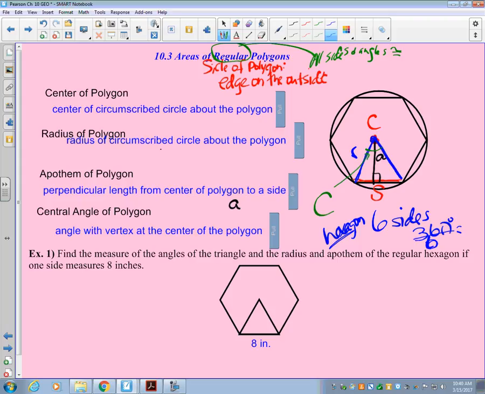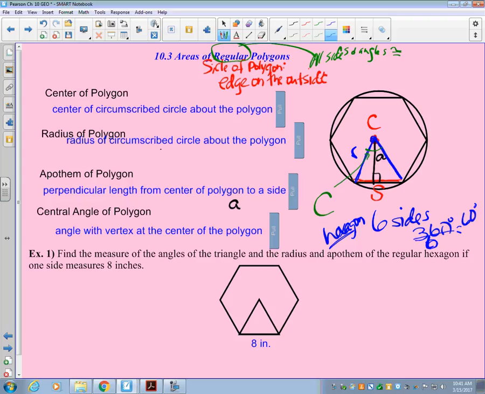What is 360 divided by 6? 60. So 360 divided by 6 is 60 degrees. Okay, so just note, hexagon has 6 sides, so the central angle is going to be 60 degrees.